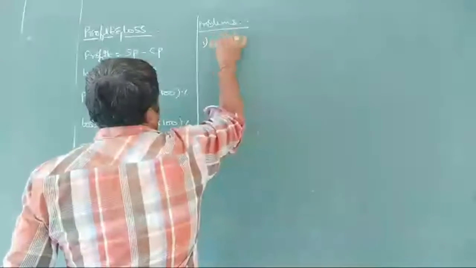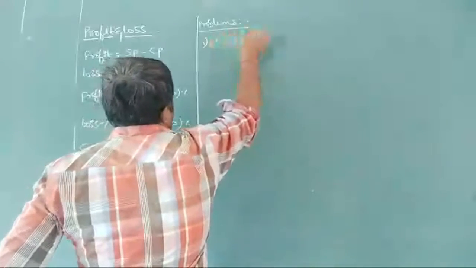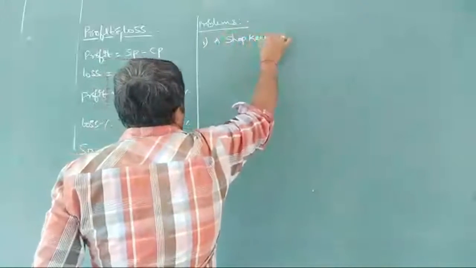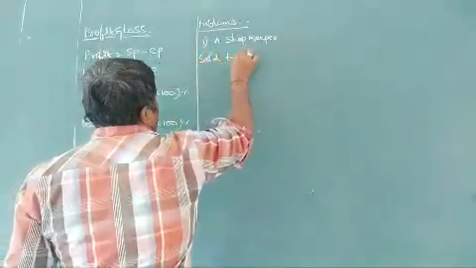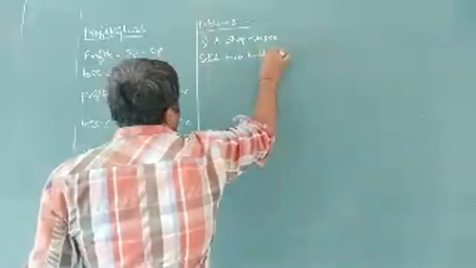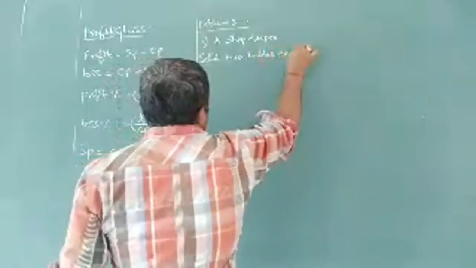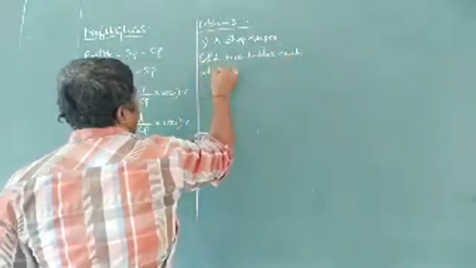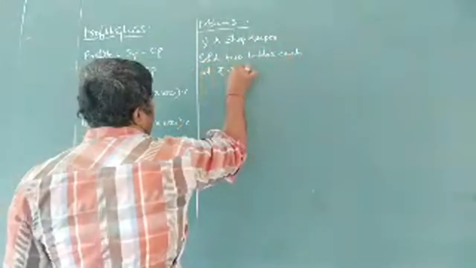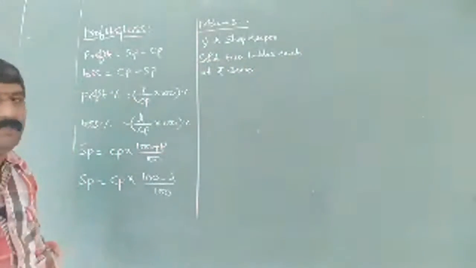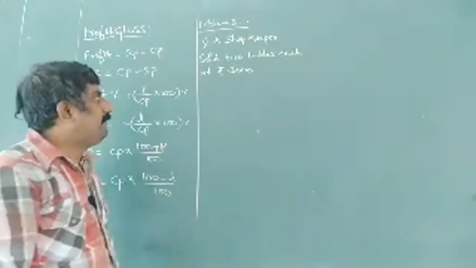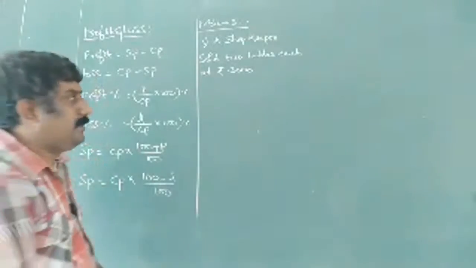First problem. A shopkeeper is selling 2 tables each for rupees 3000.